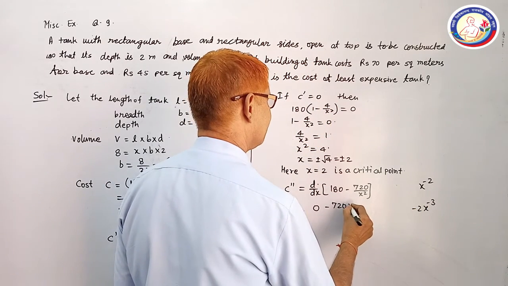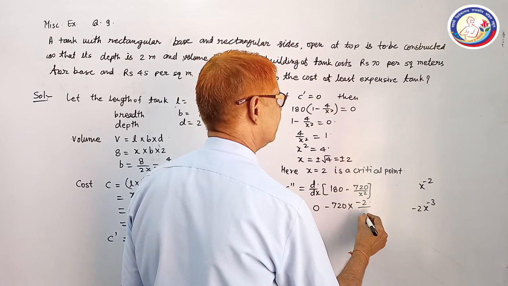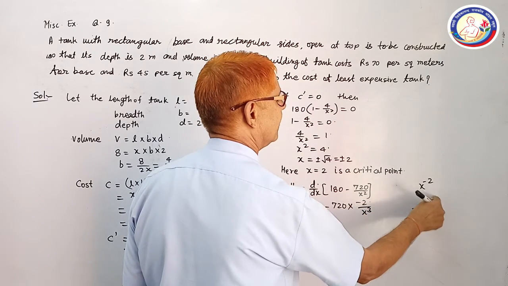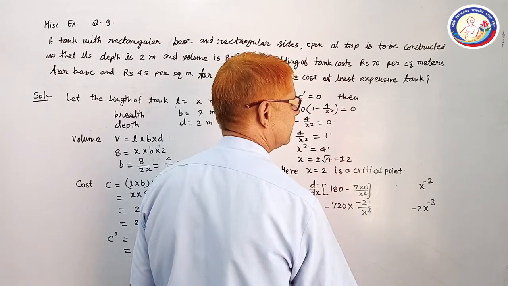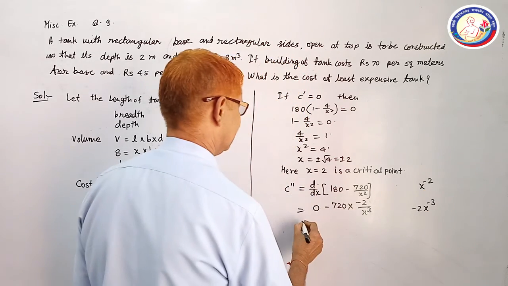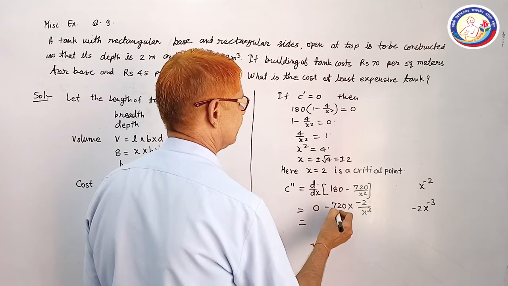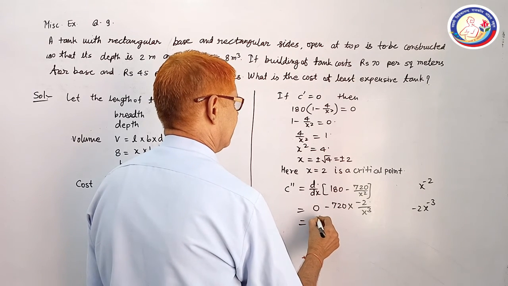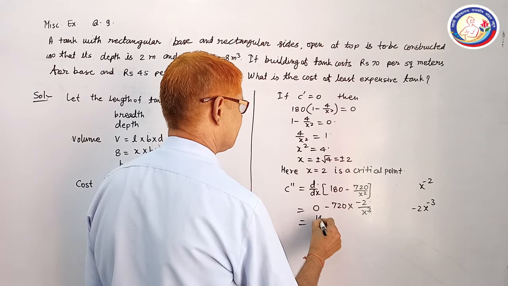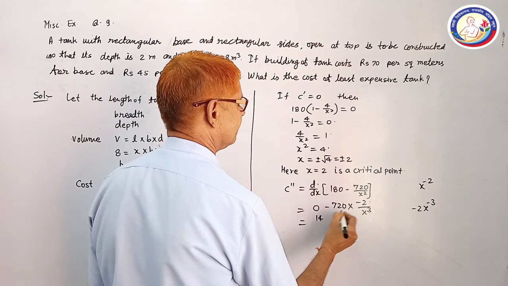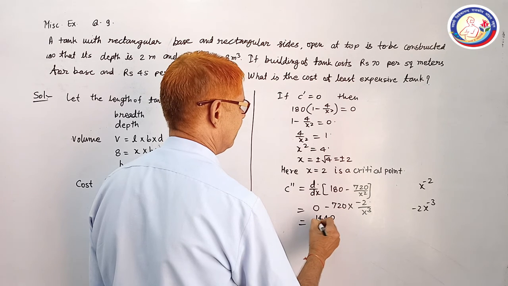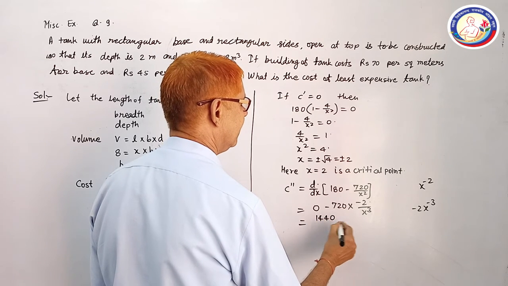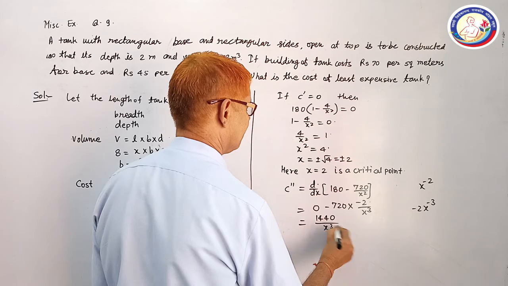If we take x raised to power minus 3 in the denominator, its sign will be changed, so minus into minus is plus, 720 into 2 is 1440 upon x cube.